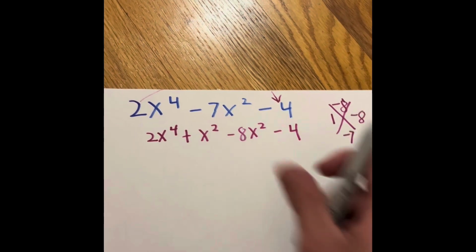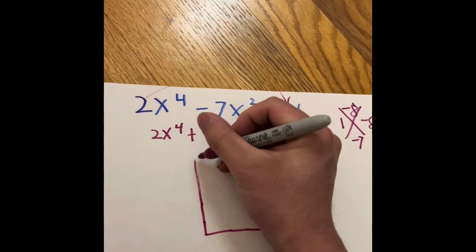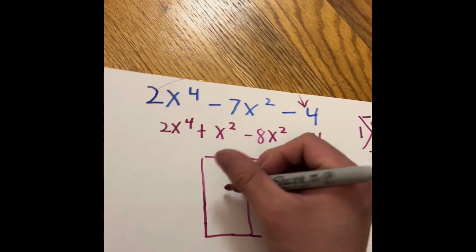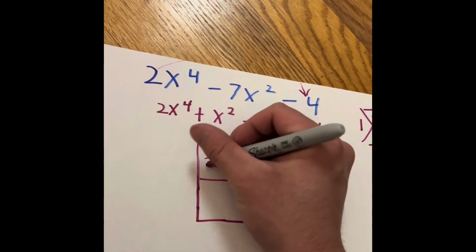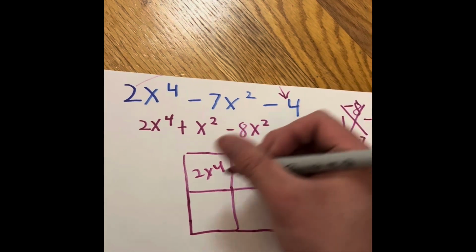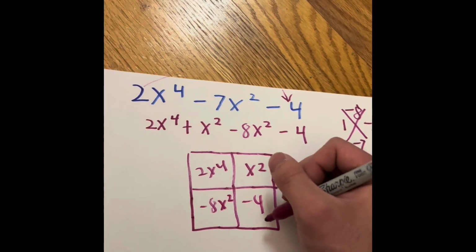And here's what happens. We make the box once again. And since we have 4 figures, we put them inside: 2x to the power of 4, x squared, negative 8x squared, and negative 4.